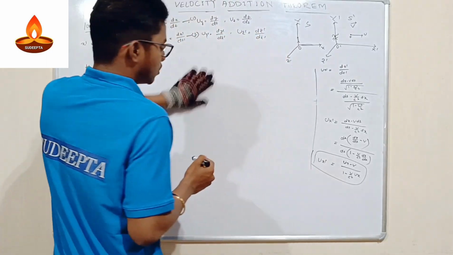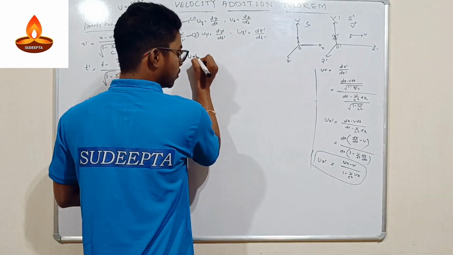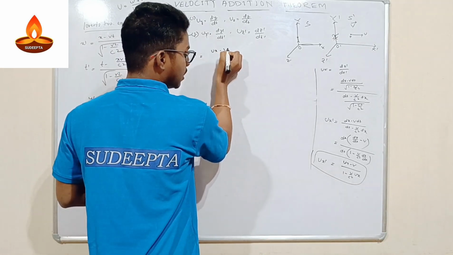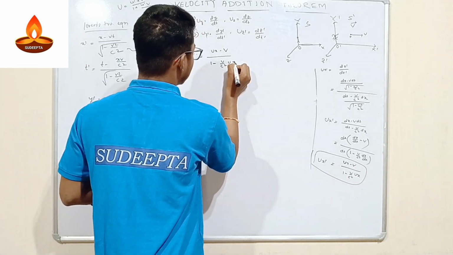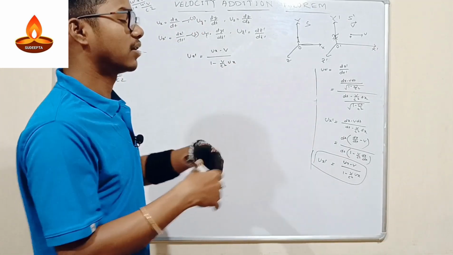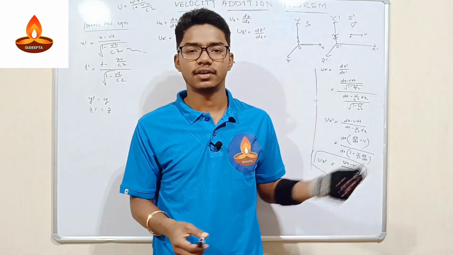Okay. So here, what I will say is that ux dash is equal to ux minus v upon 1 minus v upon c square ux. The other components are not happening here. The y component is not happening, the z component is not happening.